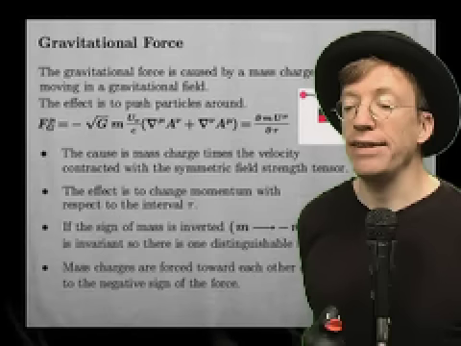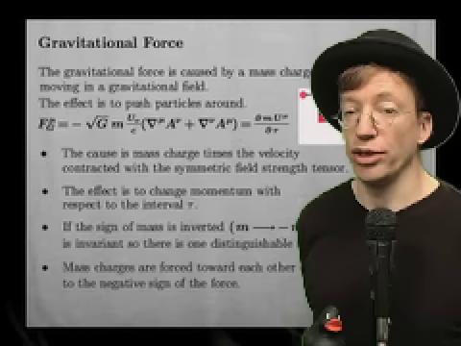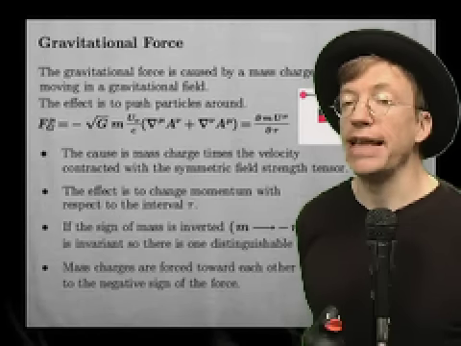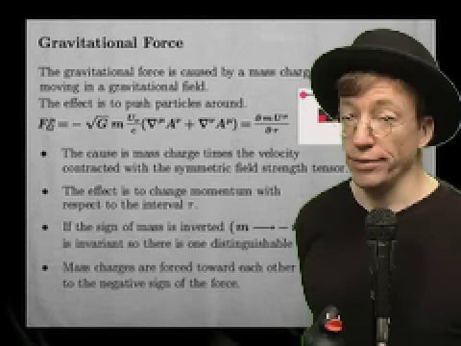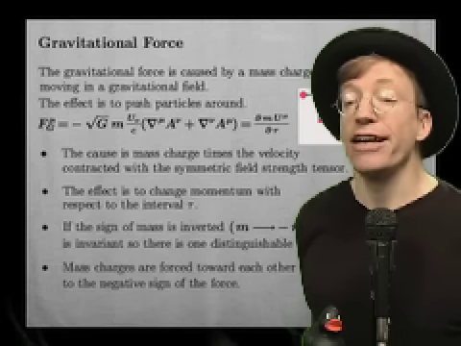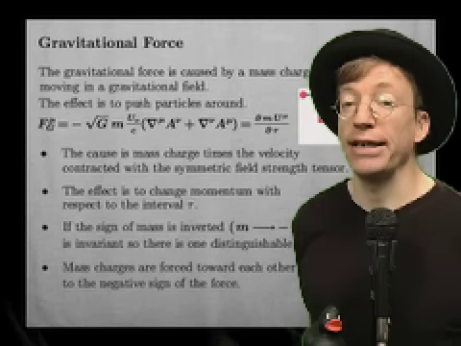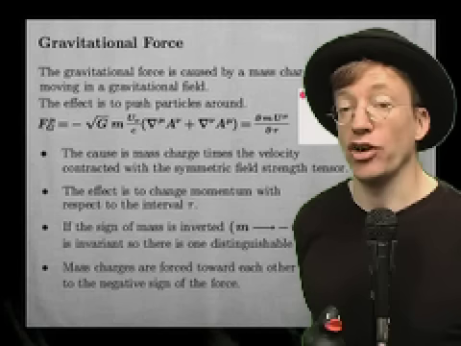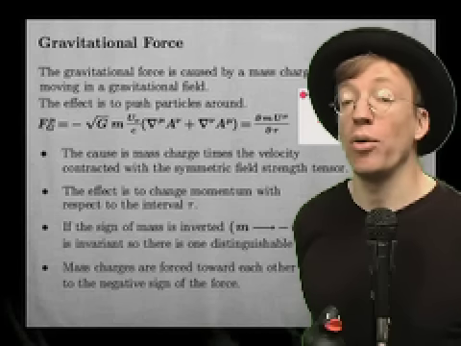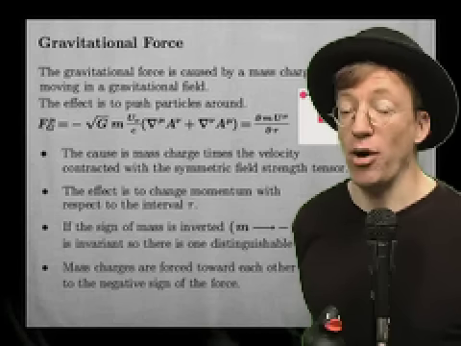So you can see that we have the cause term, which is now the mass charge moving, or the mass current, contracted with a symmetric tensor. And that equals the effect term, which is the change in momentum with respect to the interval tau.